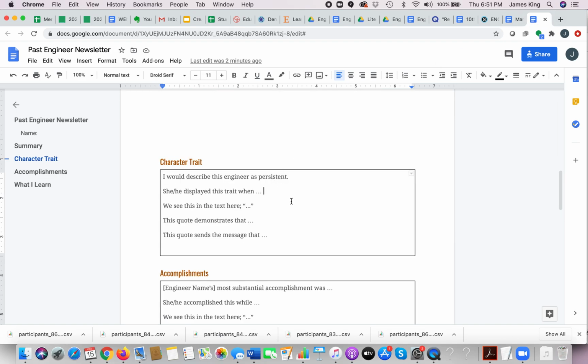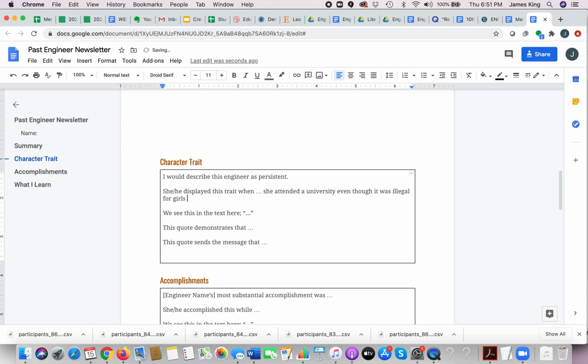She displayed this trait when she attended a university, even though it was illegal for girls to attend universities.